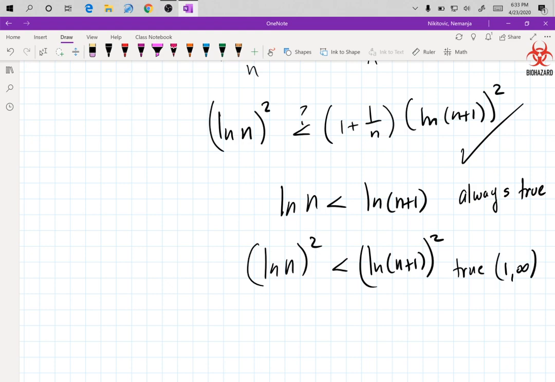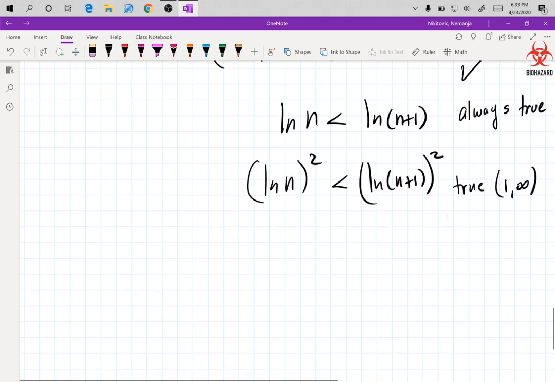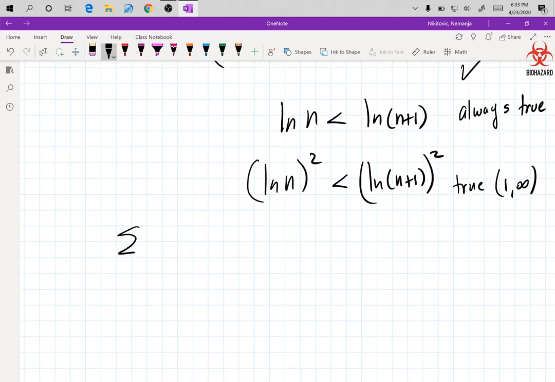And we know that the first two conditions hold. So now that means that we have to look at the series 1 over n ln squared n. And if this series converges, then we have absolute convergence. If the series diverges, we have conditional convergence.